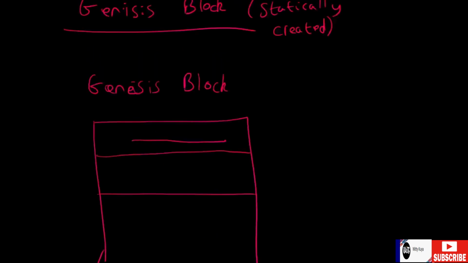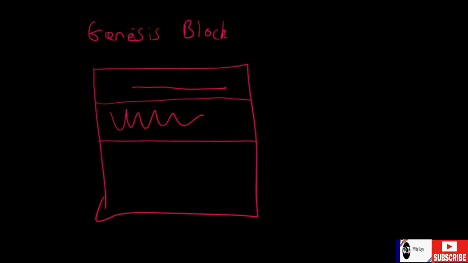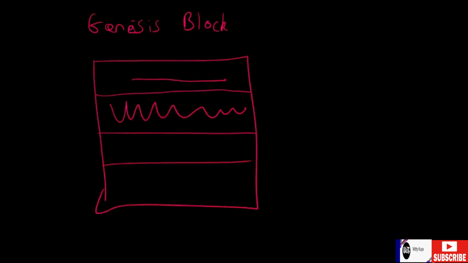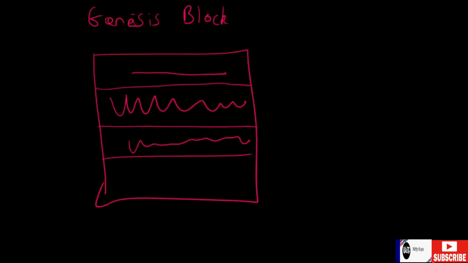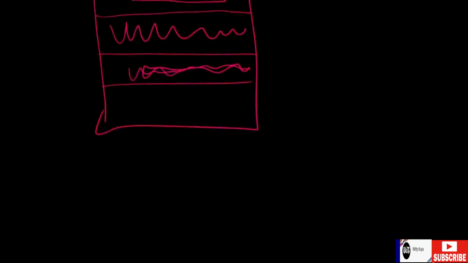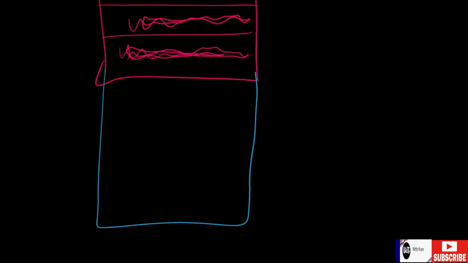The other fields, the timestamp, the random nonce, the root hash, have a bunch of data in there. So we have no transactions and this is just empty.